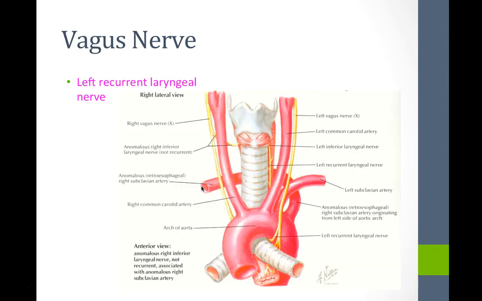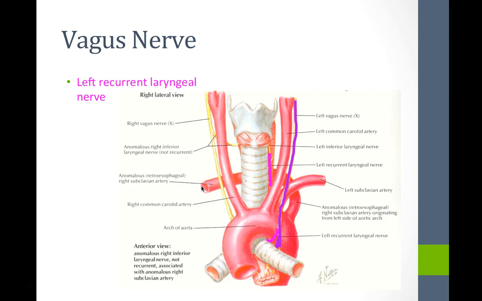So this is just another view of that vagus nerve continuing on down, and then you can see right inferior to your aortic arch gives off a branch of that left recurrent laryngeal nerve. Now this is a special path that it takes. We of course have a right recurrent laryngeal nerve.